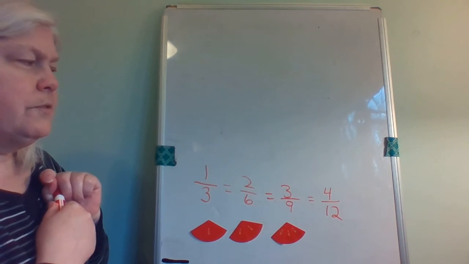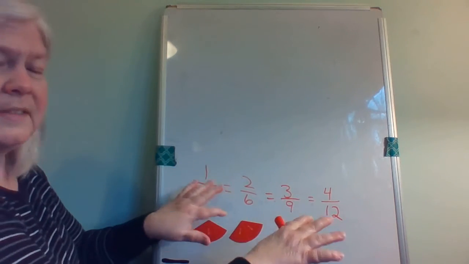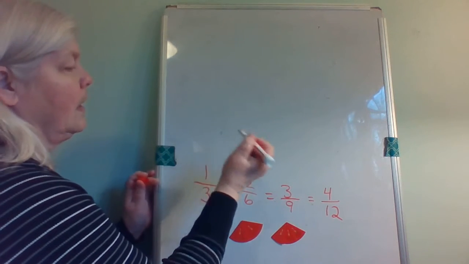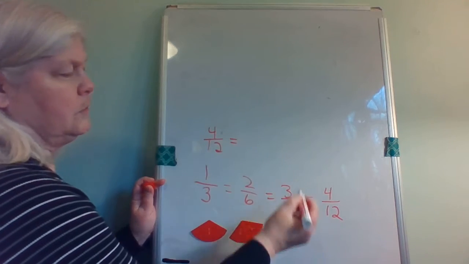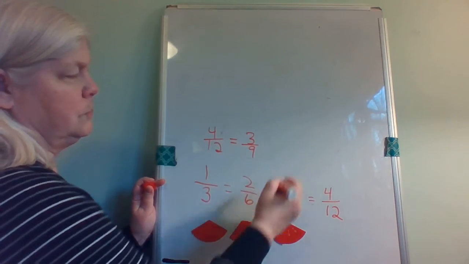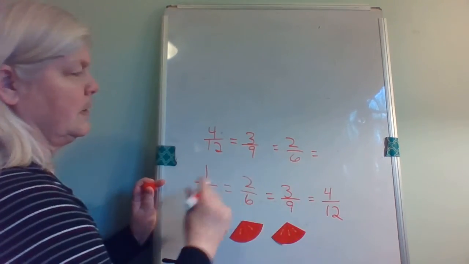Now what I'm going to do is rewrite these fractions, just flipping them since they're all the same size. It doesn't matter which order we write them in. I can go 4 twelfths is equal to 3 ninths, which is equal to 2 sixths, which is equal to 1/3.